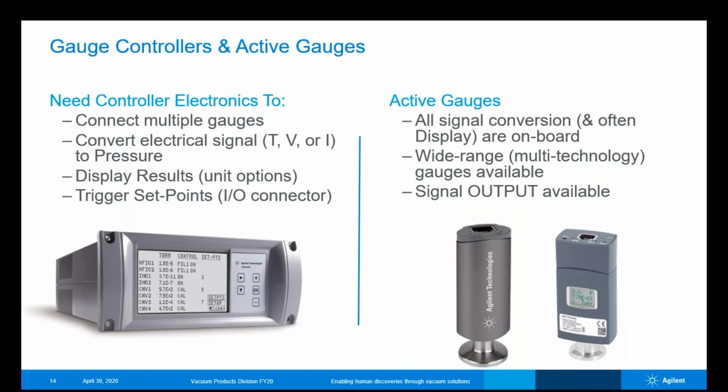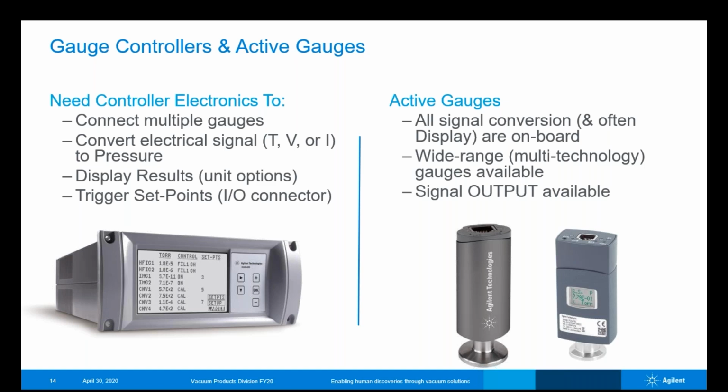So gauge controllers, we have really two types of gauges. The thermal gauges I described earlier are mostly of the inactive type, which means that they need something to convert the output signal, whether it's the temperature from a thermocouple gauge, the current from a convection gauge, or the voltage from a Pirani gauge, back into a vacuum pressure. Typically you could plug one of those into a vacuum gauge controller, and that would convert the gauge output as an electrical signal into a pressure.